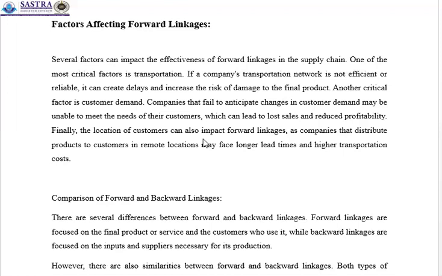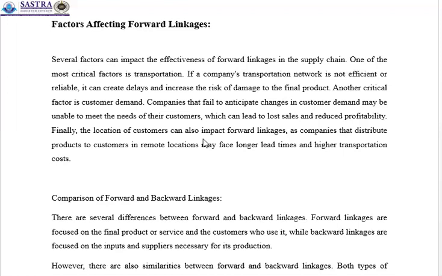Another critical factor is customer demand. Companies that fail to anticipate changes in customer demand, which will change then and there, may not be able to meet the demands of their customers during the heavy demand seasons, which may also lead to a loss of sales and reduced profitability.